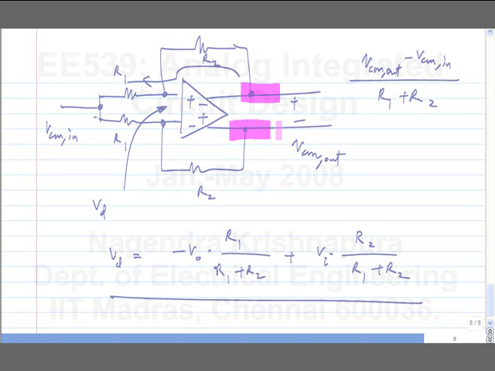Is this clear? The question was on the need for the common mode feedback circuit. When you already have a feedback around the op-amp, you always use op-amp in feedback. But in this case, that feedback for signal refers to the differential feedback. You represent the signals as differential signals, and differentially you have feedback around the op-amp. But the output common mode voltage of the op-amp still has to be set.